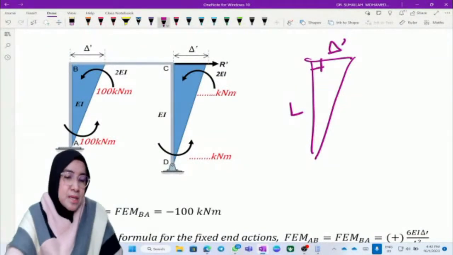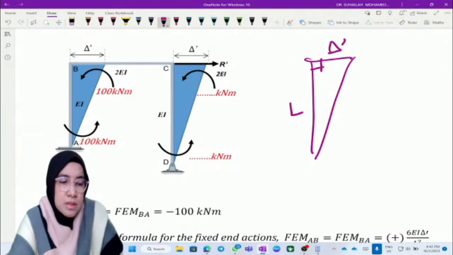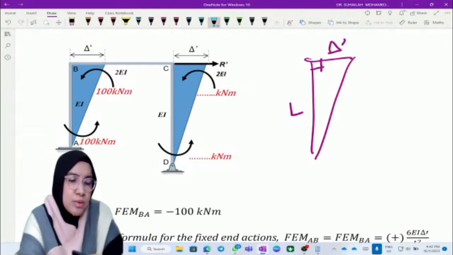Look at the new position of the column after sidesway.